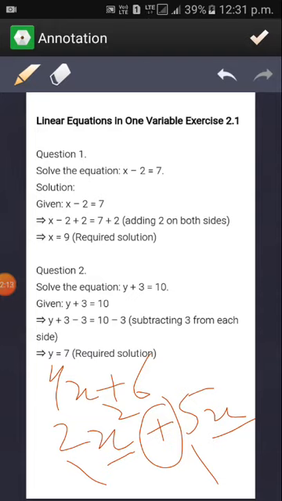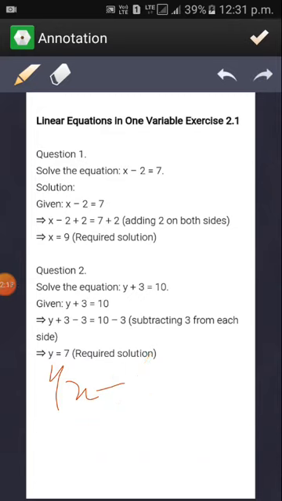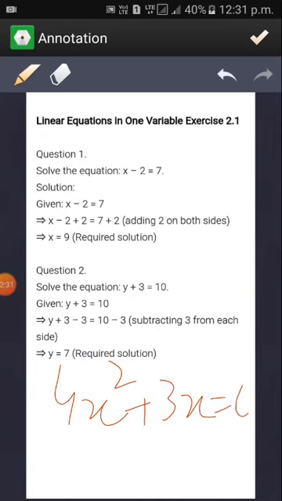These are algebraic expressions. When an algebraic expression is equated to some value on the RHS, right hand side, for example I will write 4x square plus 3x is equal to 0, this becomes an algebraic equation.